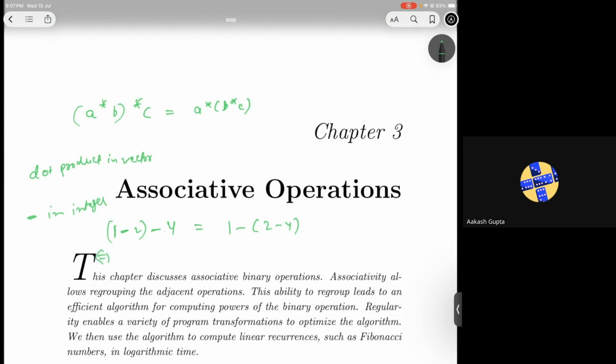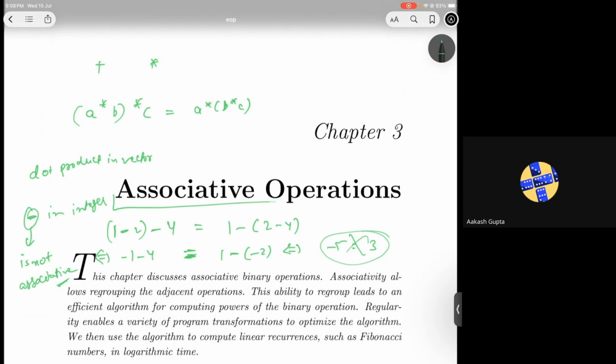Because the left hand side is the same as -1 -4, which will be equal to 1 minus of -2, which will be equal to -5 versus 3, which are not the same. So we say minus is not associative. It matters in which order we apply the operation of minus if we have two consecutive minus operations. But in the case of, let's say, plus or multiplication, it does not matter.